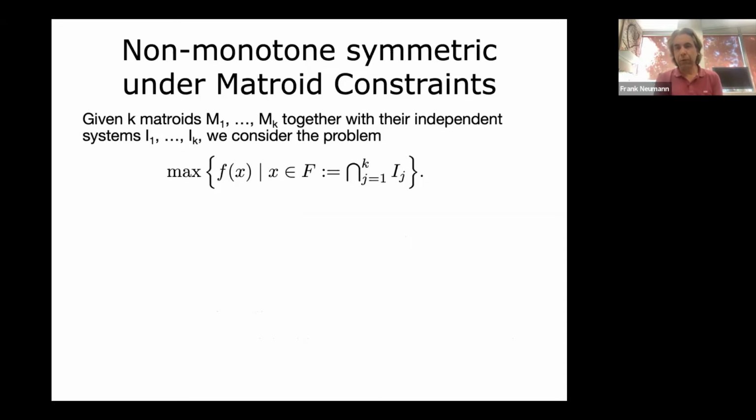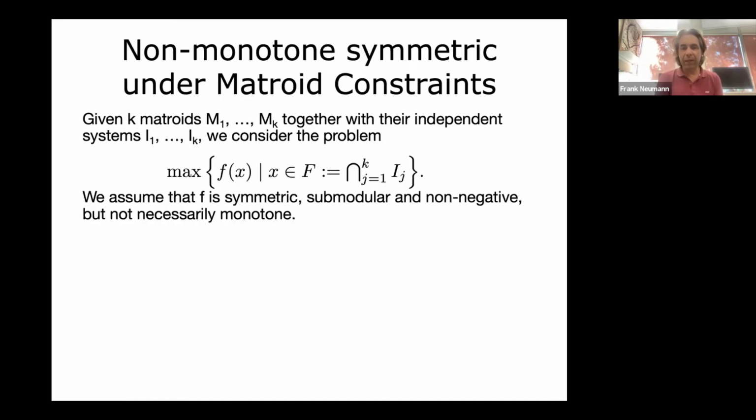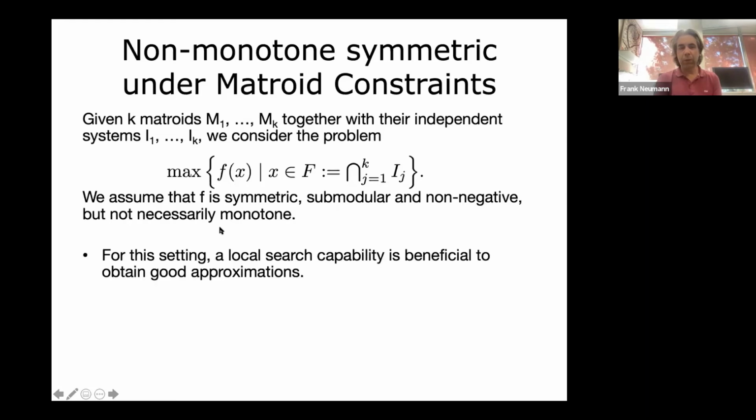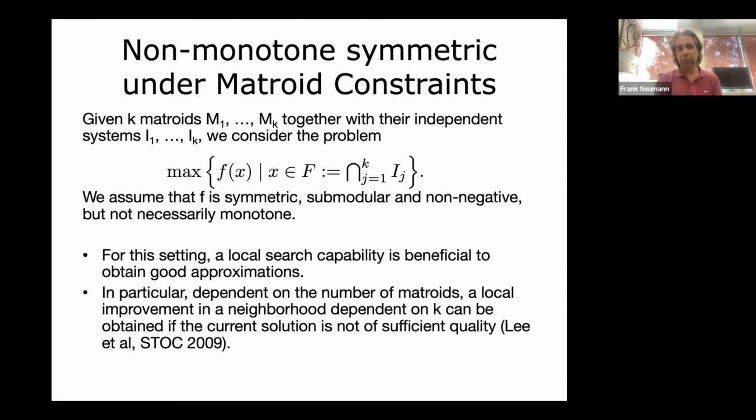So if you're looking into the non-monotone symmetric case with matroid constraints, so you can have even k matroid constraints, and a feasible solution has to be in the intersection of all these independent sets, then you can also get results according to local search. So we assume now that f is symmetric, submodular, and non-negative, but not necessarily monotone. Okay, so what can happen then? Then you can still build on the local search capability to get good approximations.